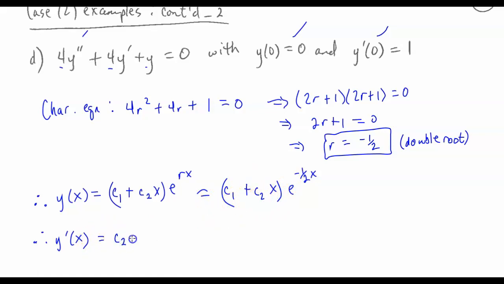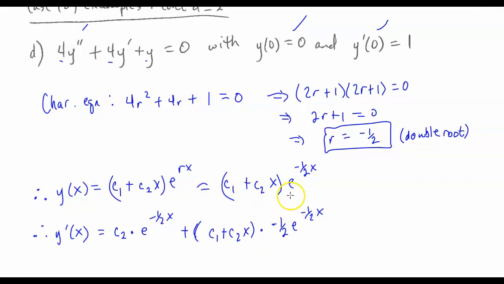That's just going to be C2 times the second function plus first function times derivative of the second function. And this would be a minus 1/2 e to the minus 1/2 x via the chain rule.